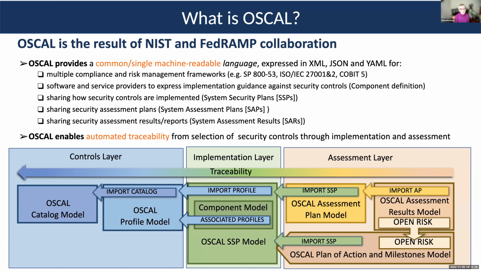In the implementation layer, we have 2 models, the system security plan model and the model that we refer to as component definition model. And the assessment layer has 3 models, the OSCAL assessment plan model, the OSCAL assessment results model, and the OSCAL plan of action and milestones.